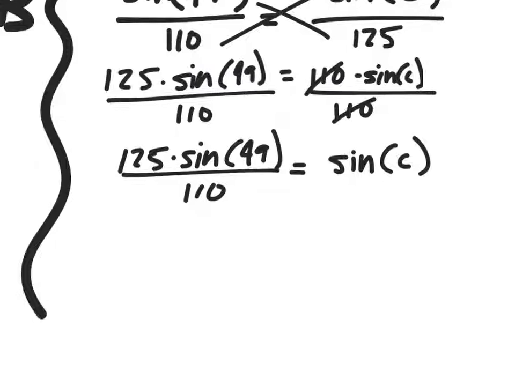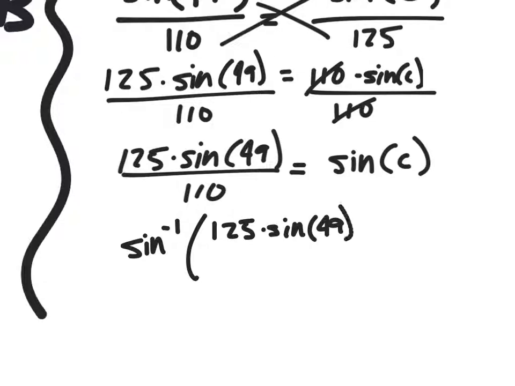Now, in order for us to solve this equation for C, remember we want to do the inverse. So this is where it gets tricky. So I want to do sine inverse of 125 times sine of 49 over 110. And that's what I want to put into my calculator.